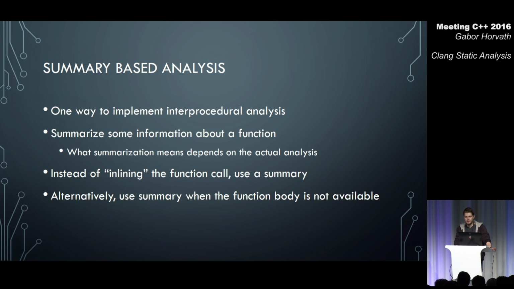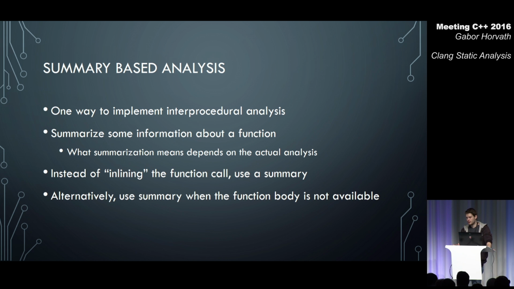A very frequently used technique to do interprocedural analysis is summary-based analysis. So one way to analyze function calls is basically each time when we encounter a function call, do what an interpreter would have done, reanalyze the body of the function with respect to the calling context.